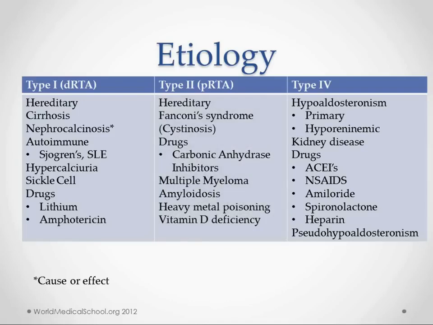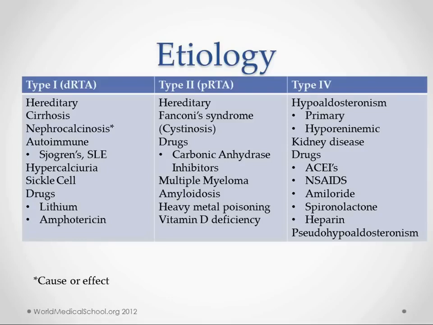Other causes: drugs like carbonic anhydrase inhibitors, amyloidosis problems like multiple myeloma, heavy metal poisoning, and vitamin D deficiency. And then type 4, remember, is a problem with aldosterone.